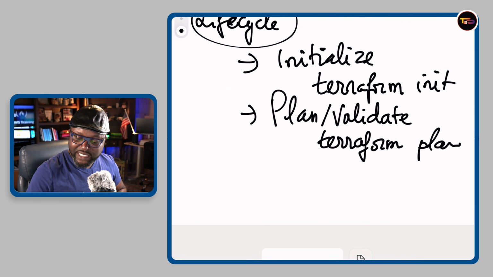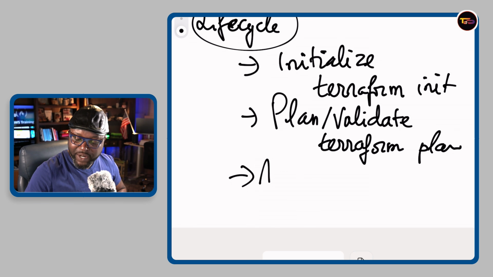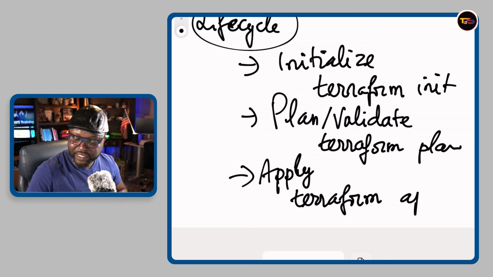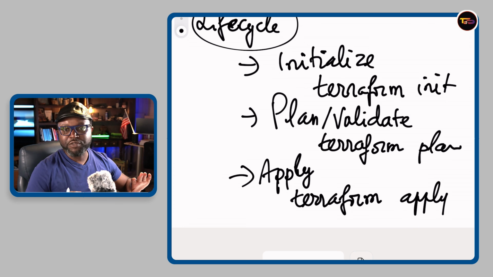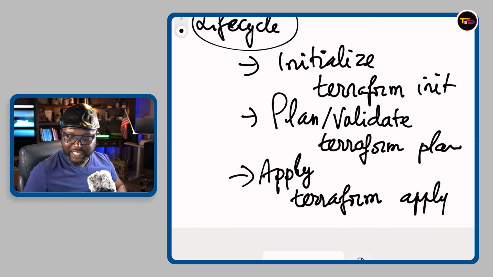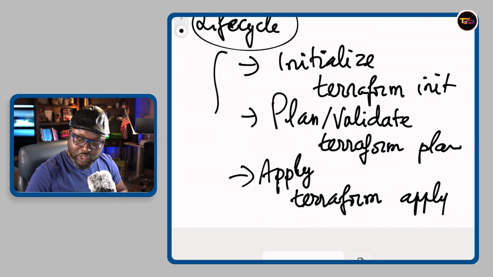And then the last thing that you do is apply. Just as it says, you're gonna have to use terraform apply. So once you're happy with the configurations, you just use terraform apply to apply. All right, so that's what you do.